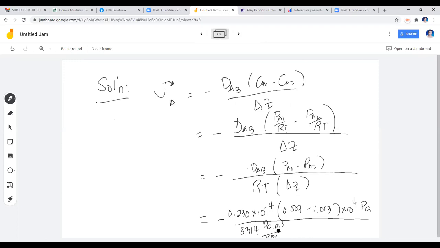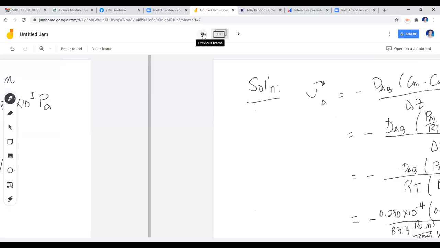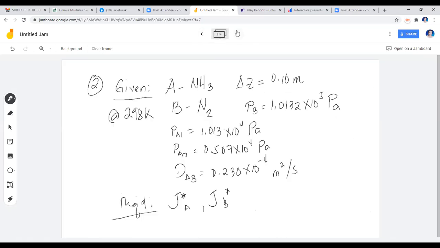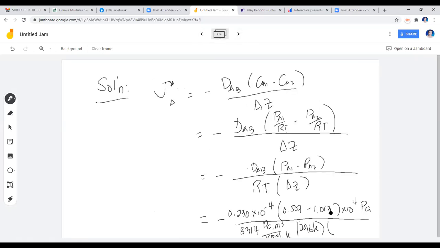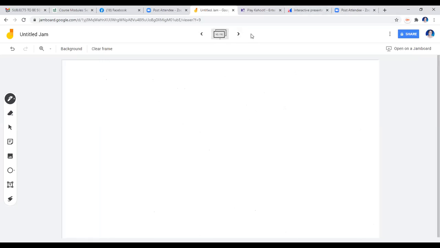And we have the temperature, which is 298 Kelvin. And we have the delta Z, which is 0.10. So we place here 0.10. So you can now have the flux of A.